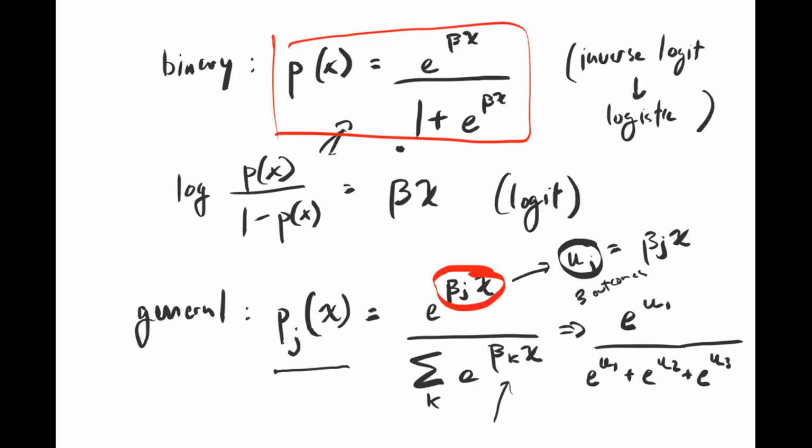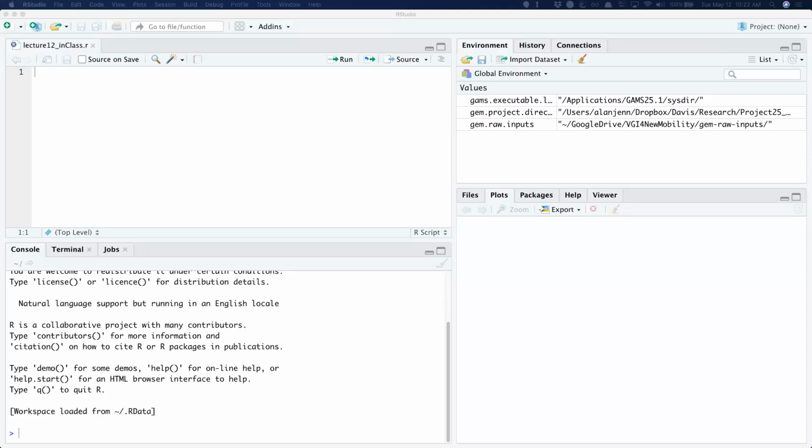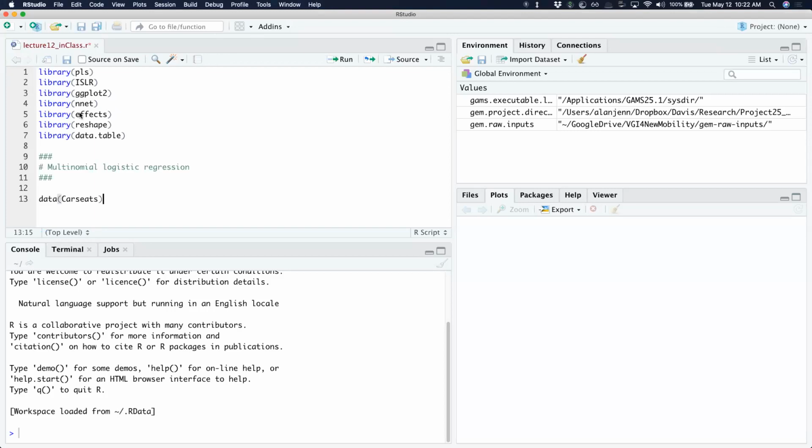Okay. So let's go ahead and look at this in R. So I'm going to need a whole bunch of packages here.